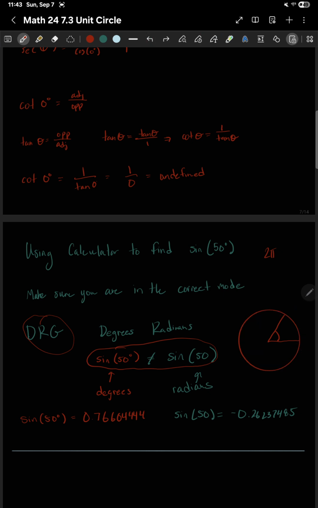And where the angle ends up is that the reference angle for 50 radians is only about 15 degrees. So you'll go around the circle, let's say 8 times, and you'll end up at about 15 degrees. And so clearly the triangle made with the green angle and the triangle made with the red angle are not the same.